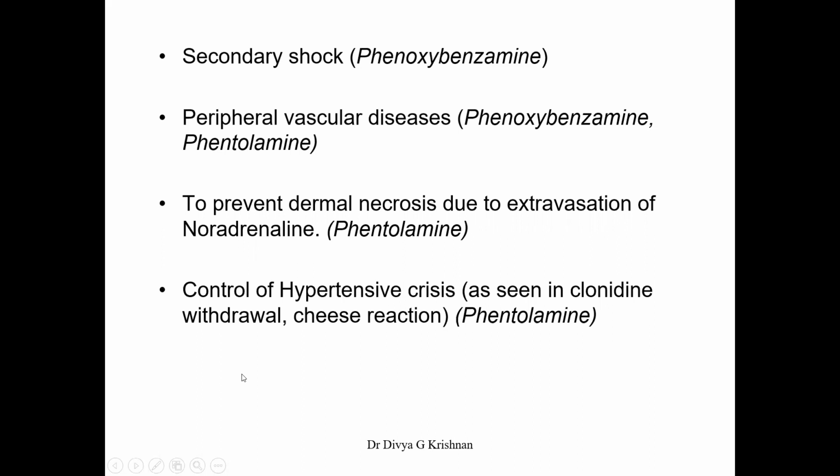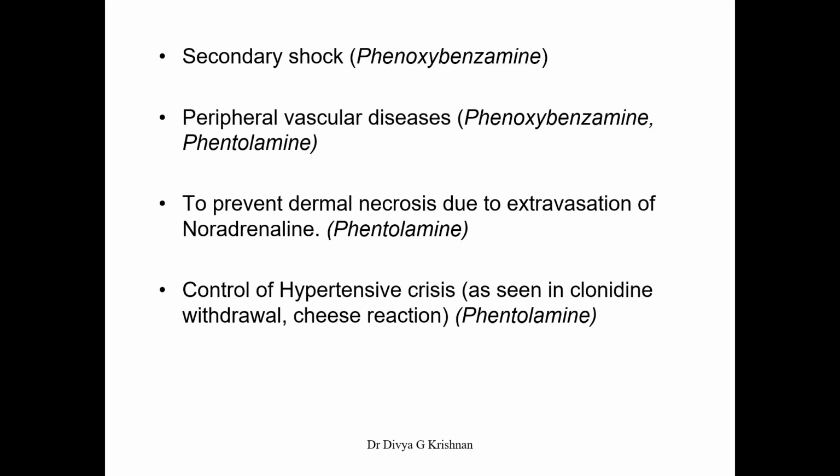Then the minor uses include the use in peripheral vascular diseases. Then it is also used to prevent the dermal necrosis caused by extravasation of noradrenaline. I'll just expand this a little bit here. When you administer noradrenaline, there has to be a precaution that it should not extravasate out of the cannula onto the normal skin.